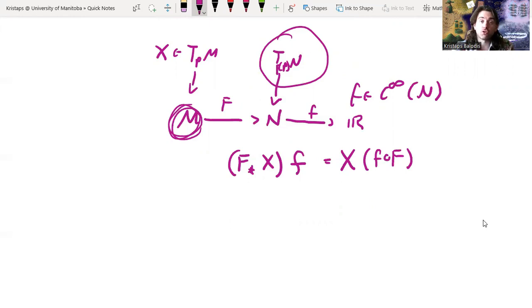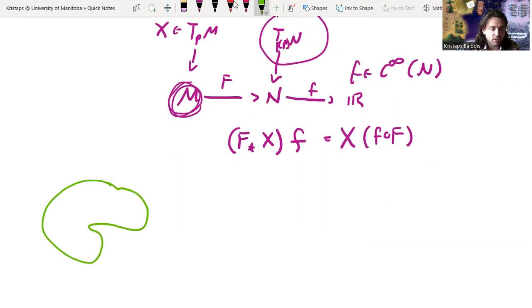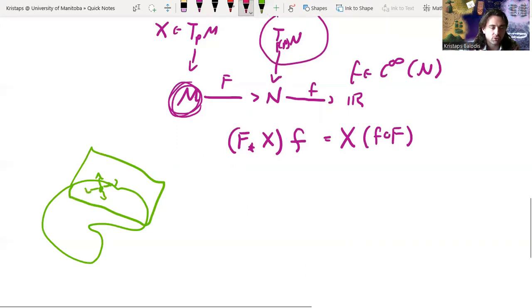Great. Okay, so this defines a map called the push forward of a smooth map, and we now have a map between tangent spaces. So let me now connect this to a more intuitive notion. We think about a manifold as having some shape, and we imagine a tangent space, some sort of tangent plane here with all possible directional vectors. Now, imagine we want a tangent vector just at some point.